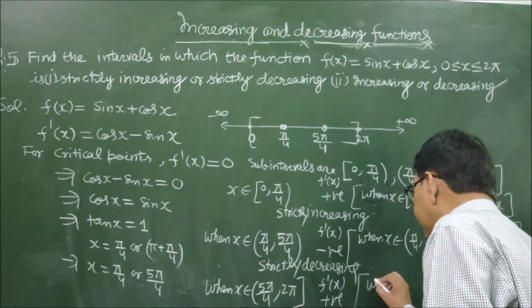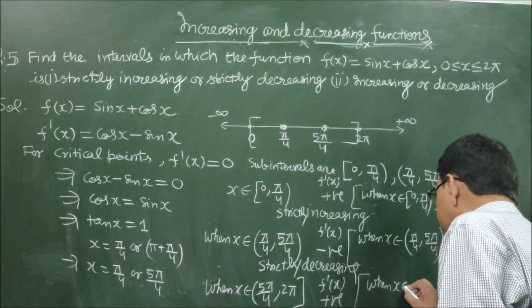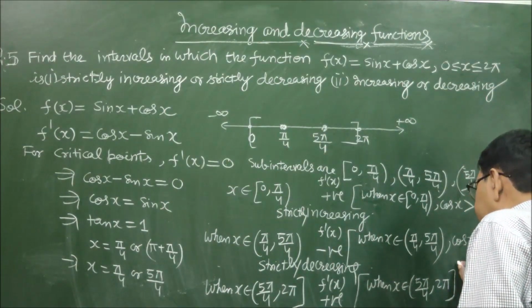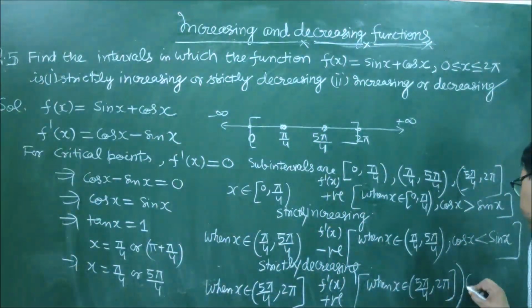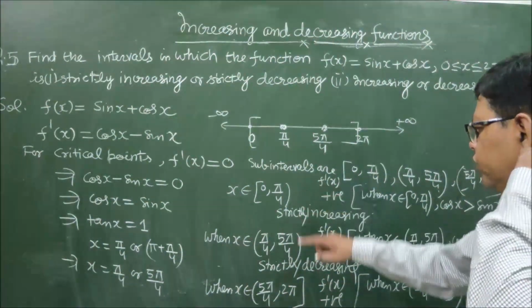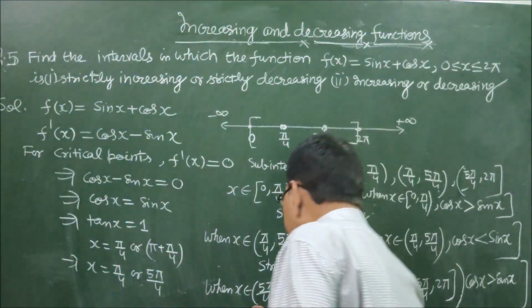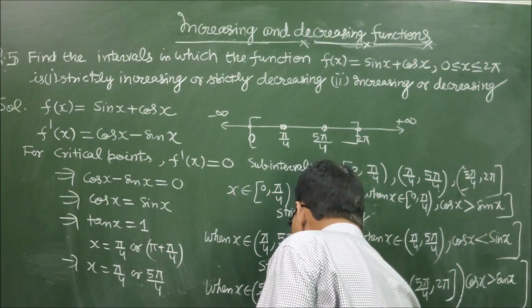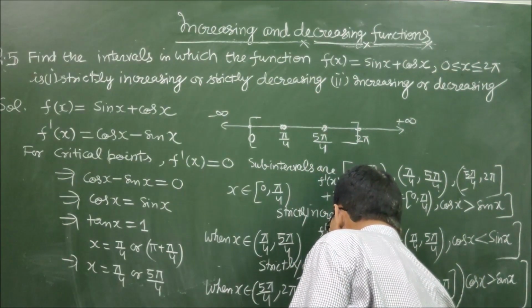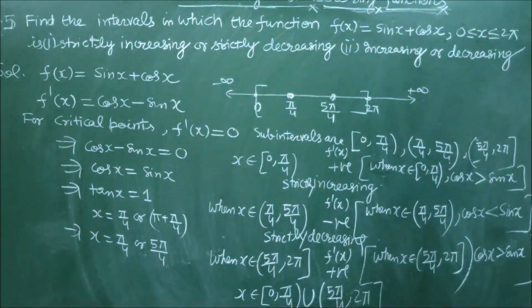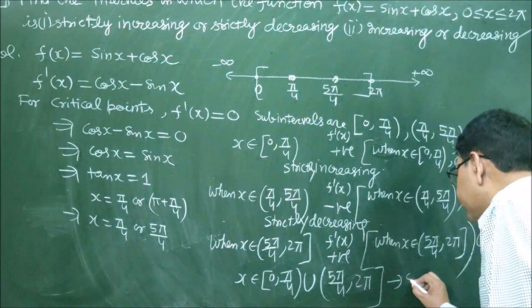When x is greater than 5π/4 and less than or equal to 2π, in this interval the value of cos x is greater than sin x. So we can say that when x belongs to [0, π/4) union (5π/4, 2π], the given function is strictly increasing.